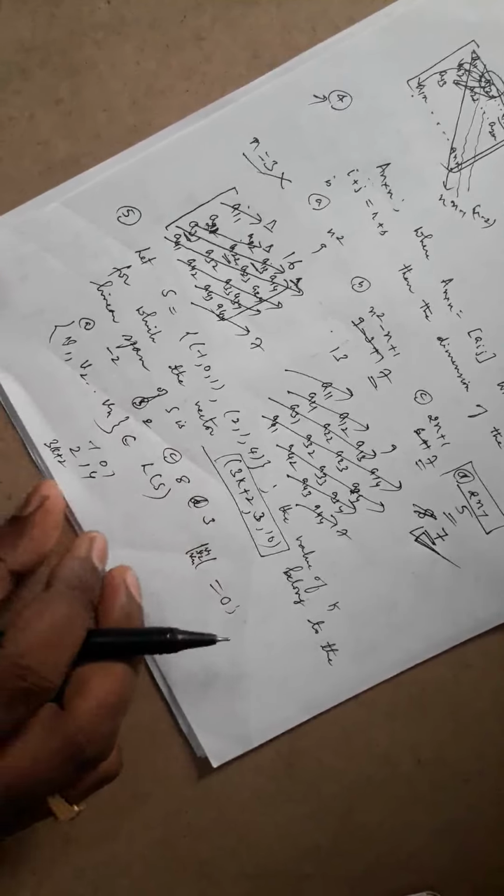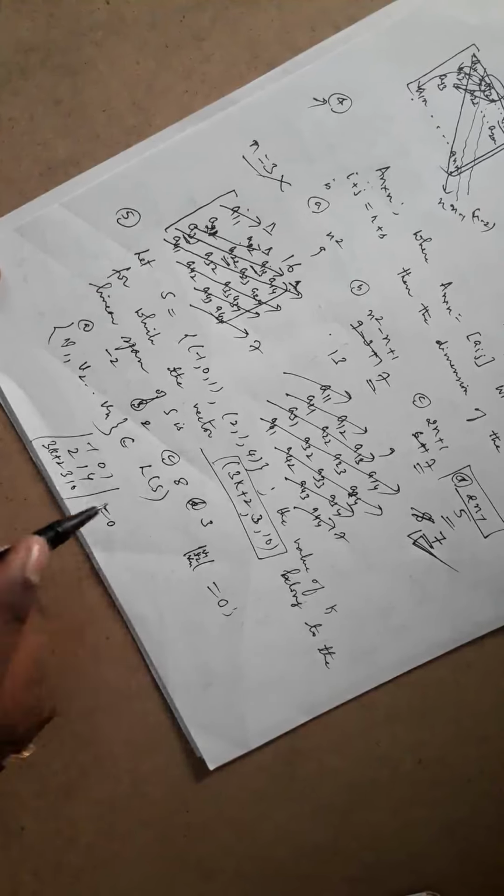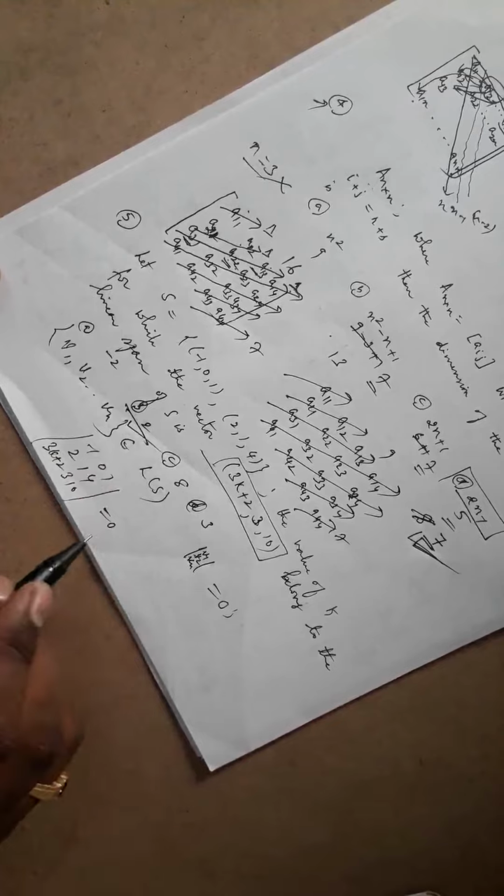So how to find the value of k? Just take minus 1, 0, 1, 2, 1, 4 and 3k plus 2, 3, 10. You set the determinant to 0. If you do it likewise, you will get k equals 2. Alright?